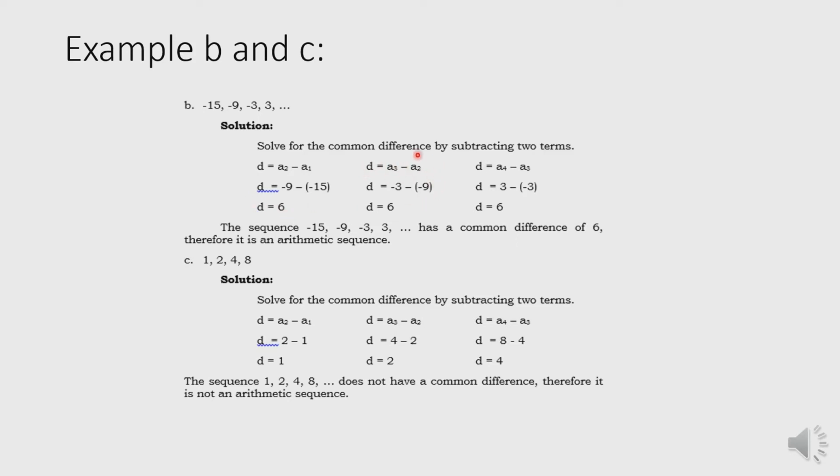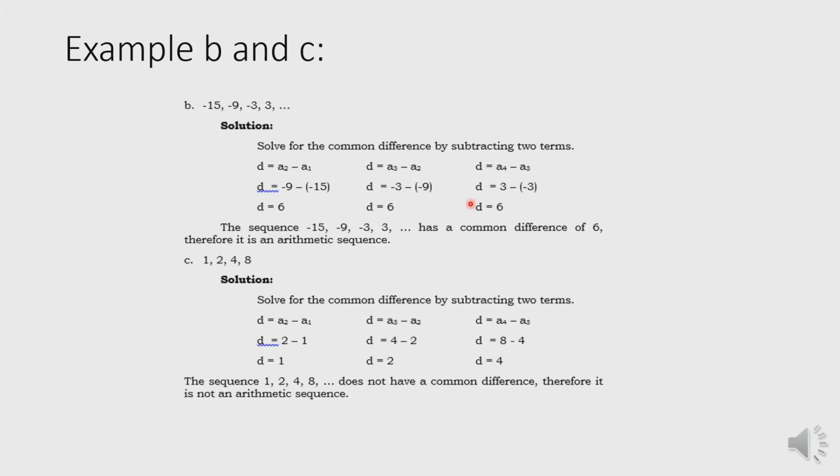Same thing here, a sub 3, which is negative 3, subtracted by the preceding term, a sub 2, which is negative 9. So you have the common difference of 6. Same thing here, a sub 4, 3, minus a sub 3, negative 3.